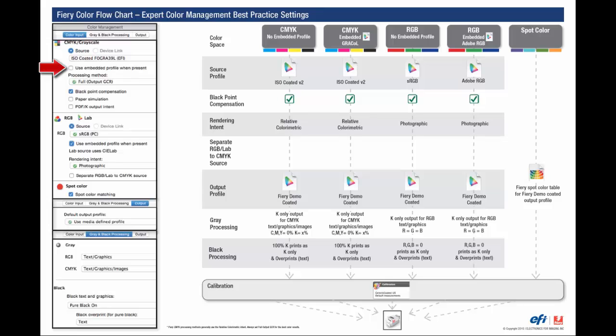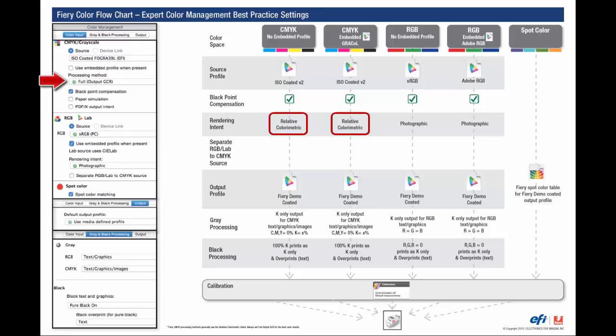We will leave embedded profile processing disabled for CMYK, since CMYK is not always properly color managed. It doesn't always have the right profile assigned to it, and also because in order for our black and gray processing to work perfectly for your CMYK, we don't want the embedded profiles to confuse the color management system.